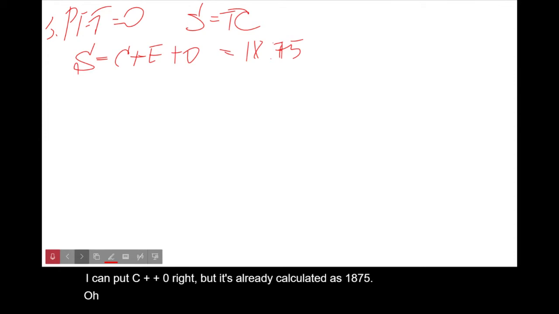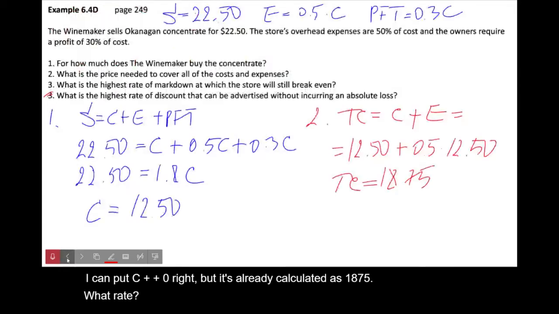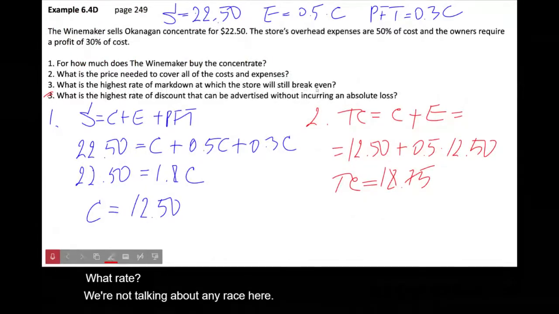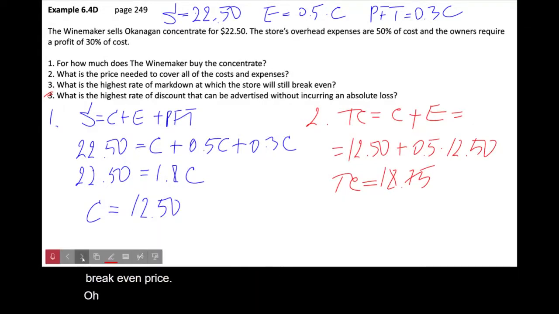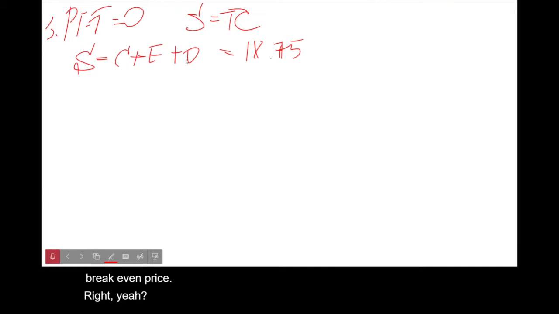Well, what rate? We're not talking about any rates here. We have break-even price. Oh, rate. Yeah. Rate. So S is 1875. Now, SP actually. SP.